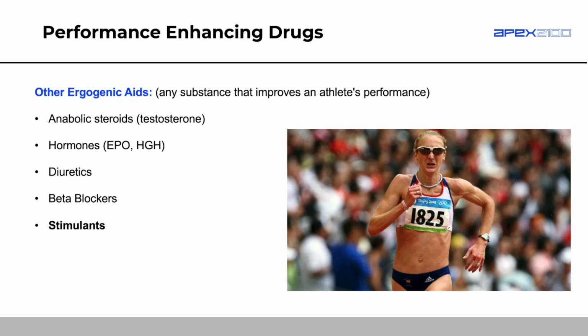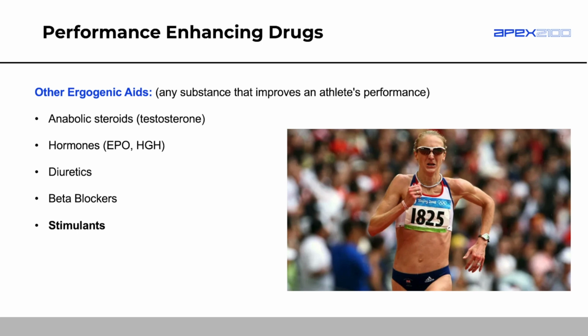And then the last one is stimulants. So stimulants are substances that increase the activity of the central nervous system. So increased alertness, energy, and physical performance. Examples are caffeine, amphetamines. Caffeine is an interesting one. I'm not sure exactly what the rules are, but you can definitely get high dose caffeine tablets, which I'm sure are banned in sports.